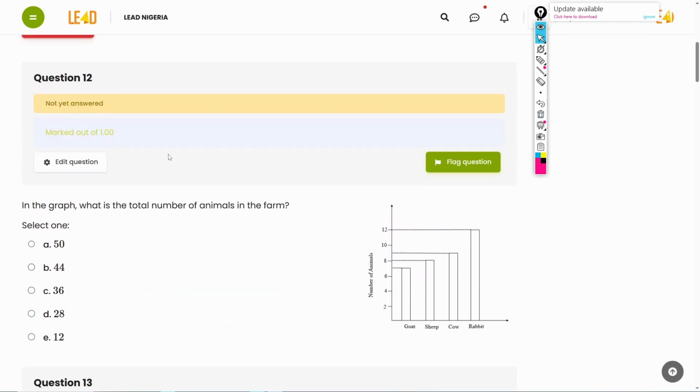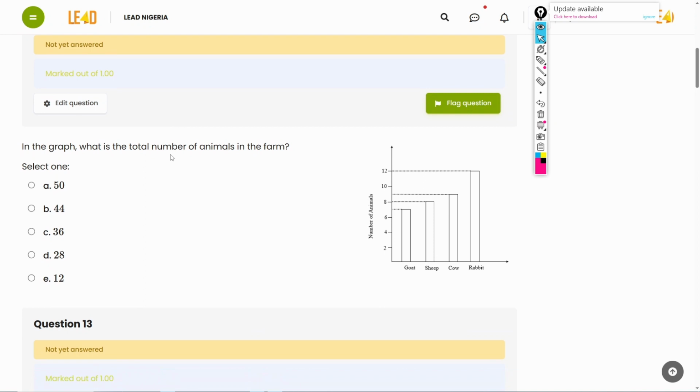Okay, question 12 says, in the graph, what is the total number of animals in the farm? So we just have to read the graph, right? Let's add up now. Goats, we have 7. Sheep, we have 8.